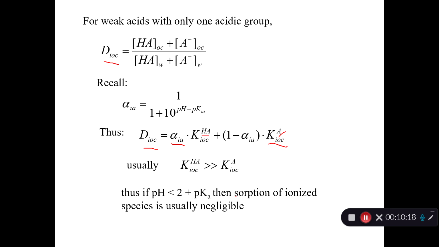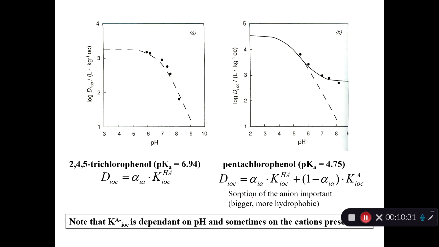So you can usually just ignore the absorption of the negatively charged species. You can usually just ignore all of this. Don't worry about it and just worry about this part of the equation. Okay? Now what about bases?